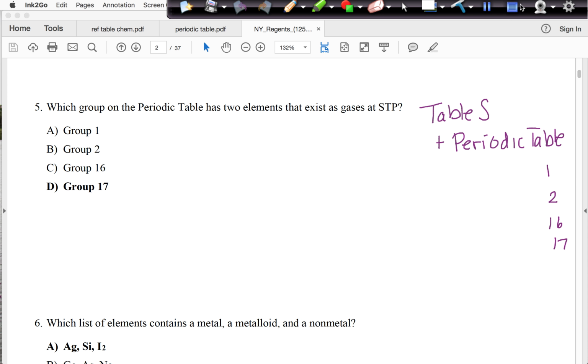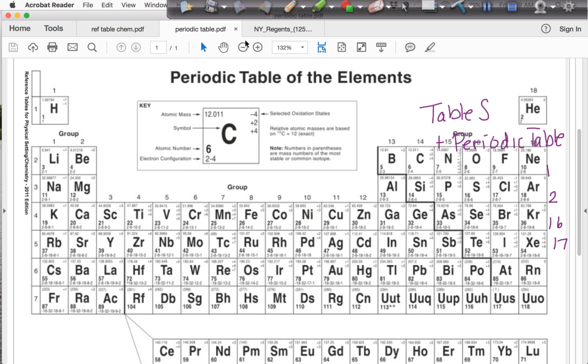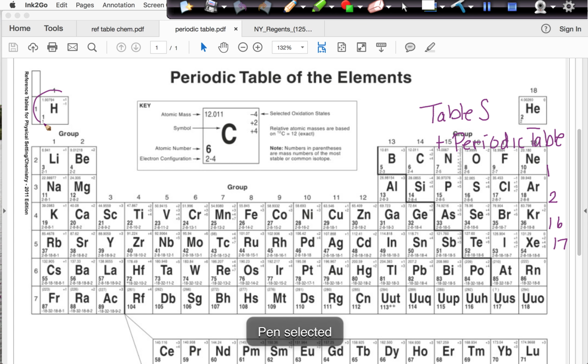So I'm just making this note so that when we switch over we can see it. So for group 1, we should know that hydrogen is a gas. I'm actually going to circle all the elements that exist as a gas at STP, and I'm going to do that with the highlighter so that we can see it. So we have hydrogen, all of group 18.